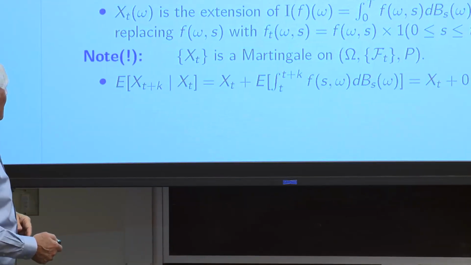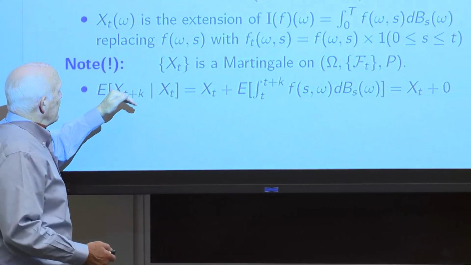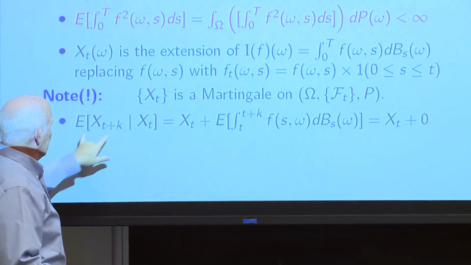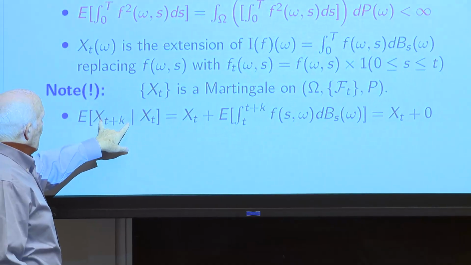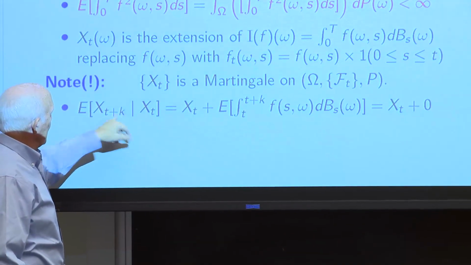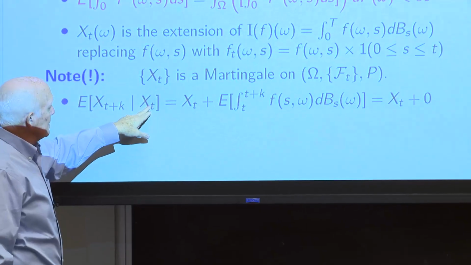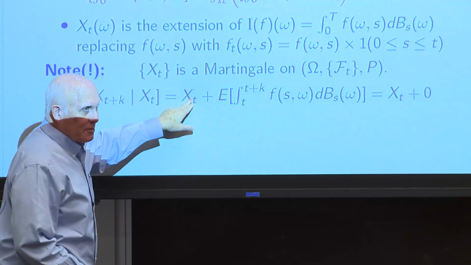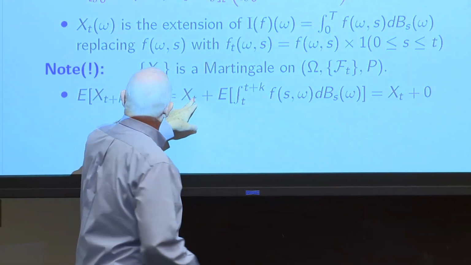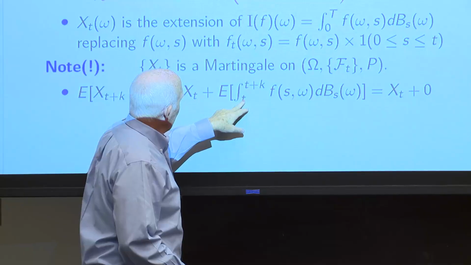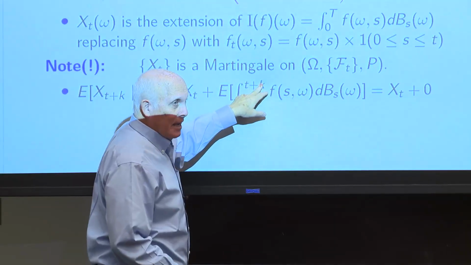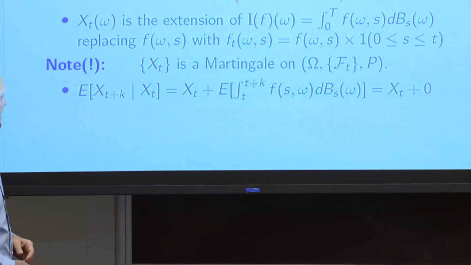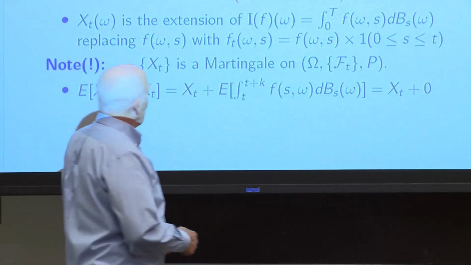If we look at what it means for a process to be a martingale, the conditional expectation of the time t plus k value given time t equals the value of the process at little t plus the integral of the process from time t to t plus k, and we're taking conditional expectations of that given X_t.